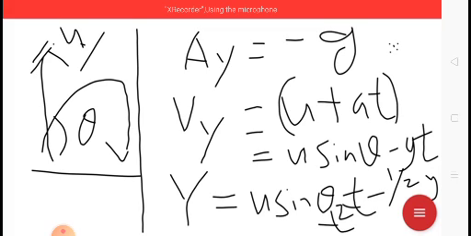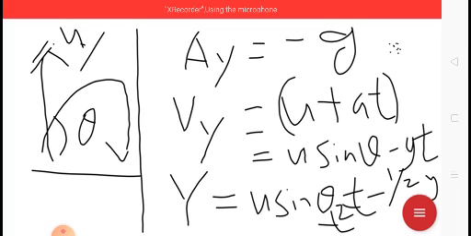Just remember, the horizontal movement is a constant speed motion, and the vertical component of motion is a constant acceleration motion. You don't need to memorize these formulas. In your mind, you know which one is constant speed and which one is constant acceleration, so you are able to derive immediately. This is for your reference purpose only.